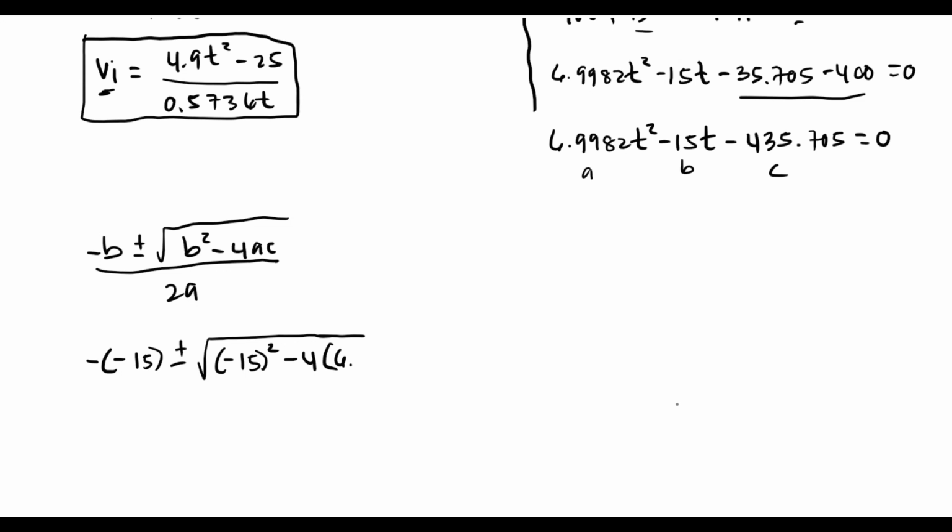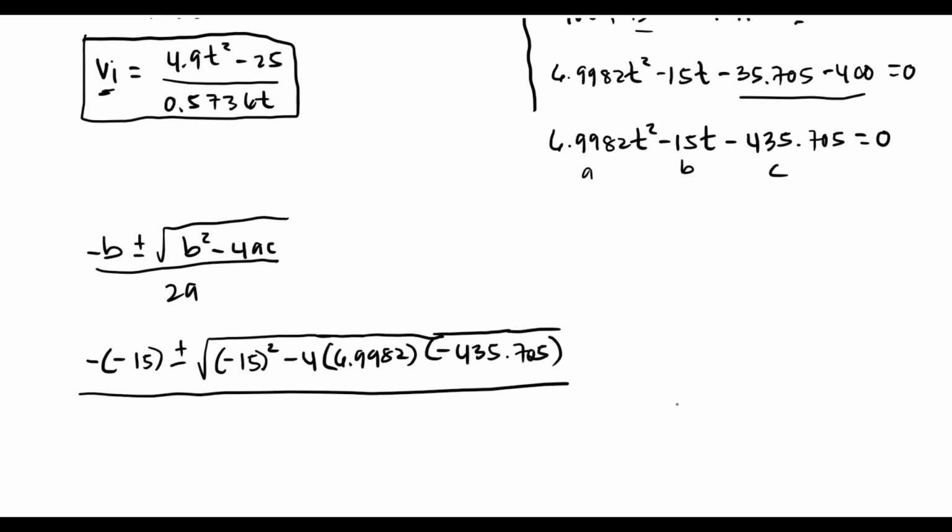A is 6.9982 times c. C is negative 435.705. Then all over 2 times a. A is 6.9982. Again, this one is for the time.